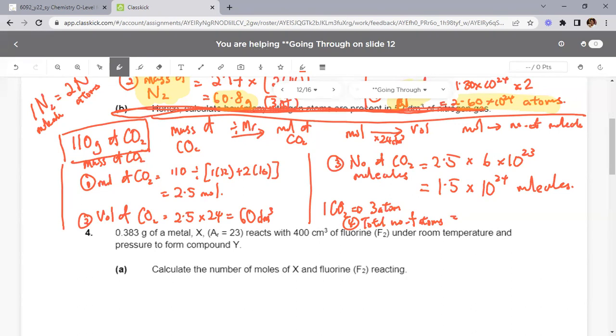So this will be 1.5 times 10 to the power 24 multiplied by 3 atoms, because one molecule gives me 3 atoms, you got 1 C and 2 O. So I get 4.5 times 10 to the power 24 atoms. I hope you are able to interconvert between all of them already.